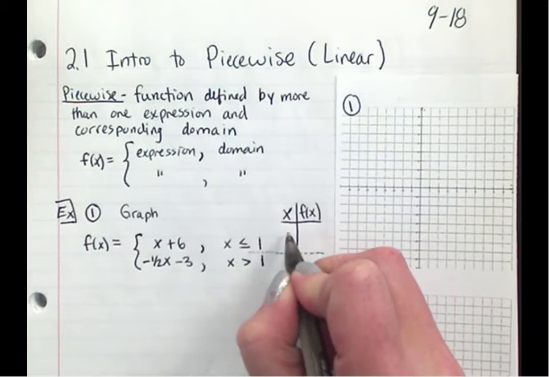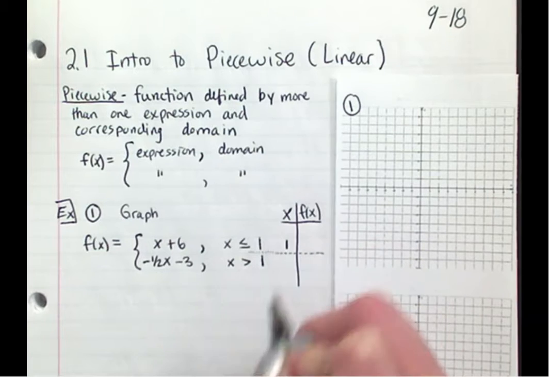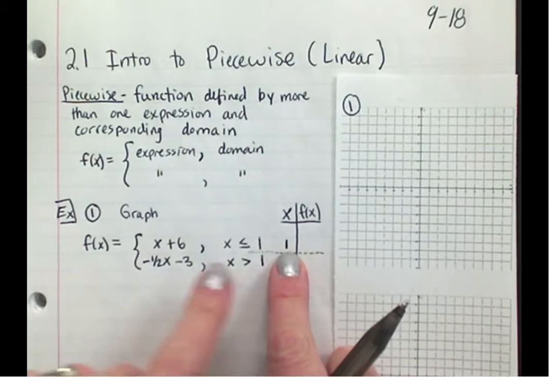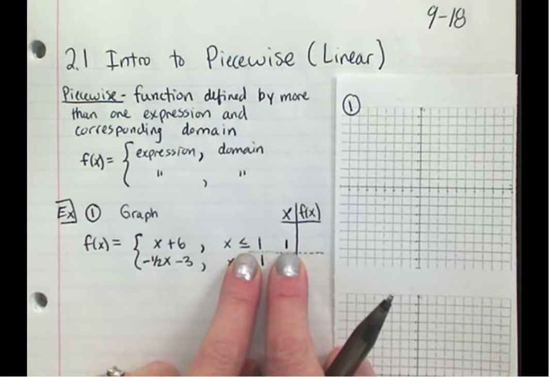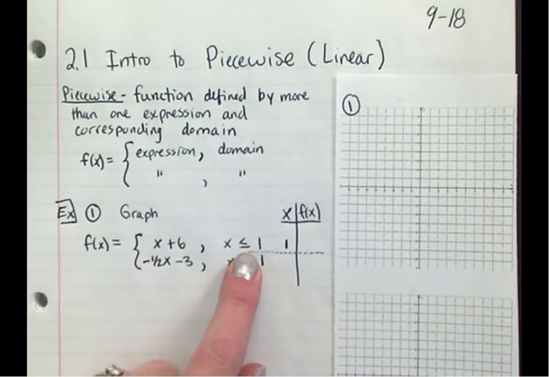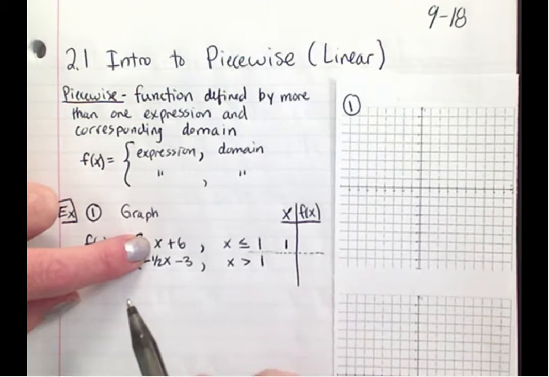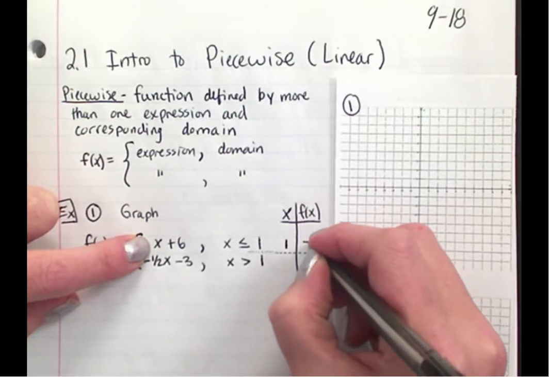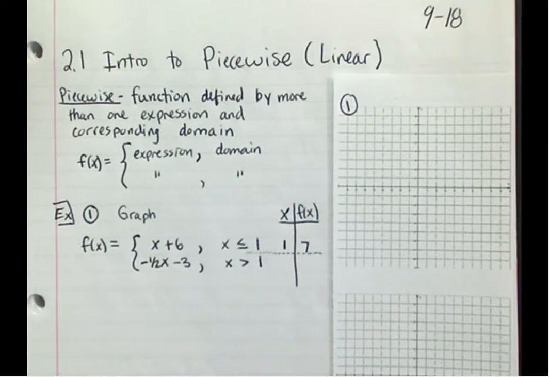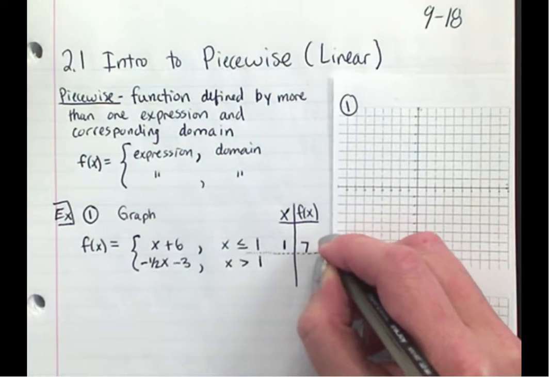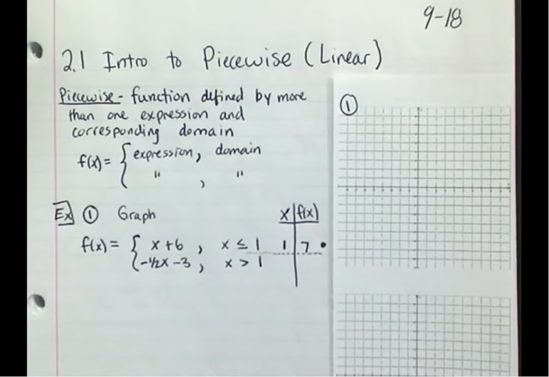And I'm going to put a 1 here. And I'm going to plug it in. I'm going to find a point. Now, x equals 1 is included in the top row domain. Plug it in here. 1 plus 6. 7. Now, I want to make a little note to myself. An included point is a closed point.